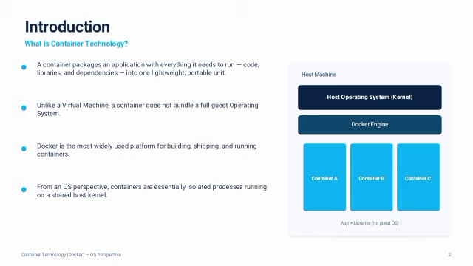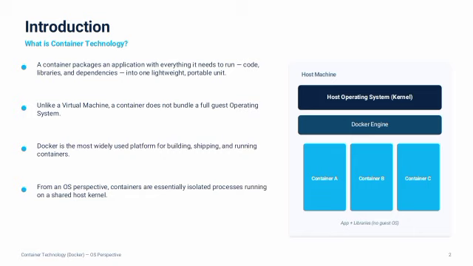The key difference from a virtual machine is that a container does not carry its own guest operating system. Docker is simply the most popular platform for building, shipping and running these containers.